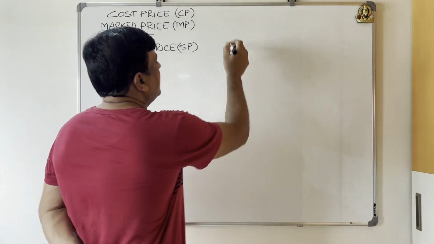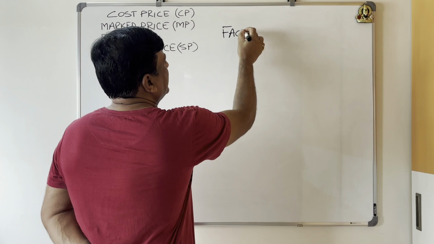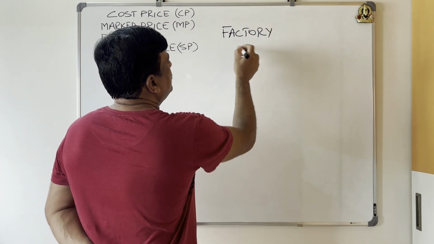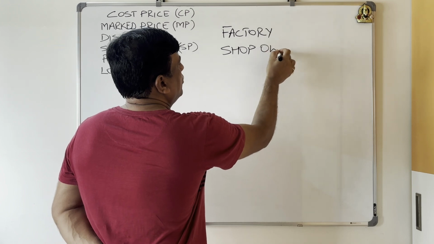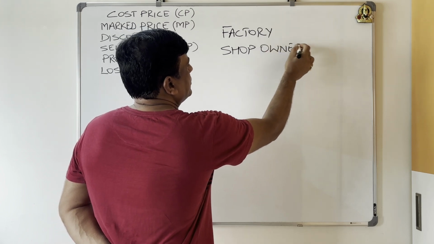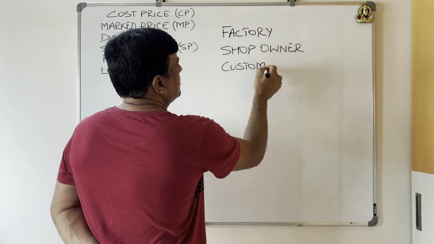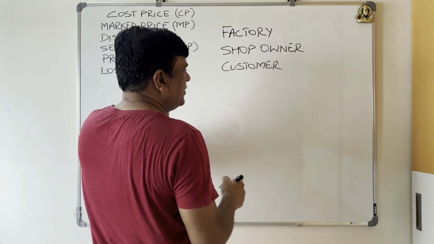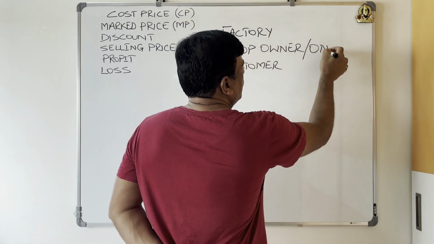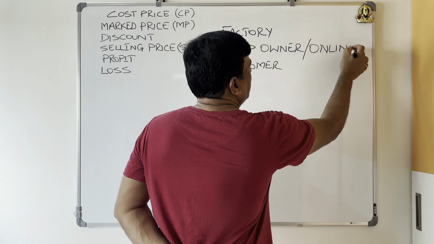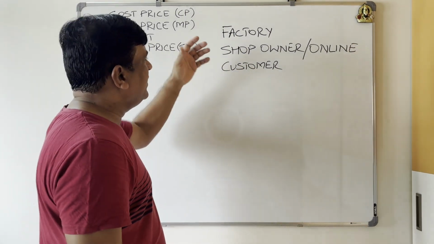For example, you have a factory, you have a shop owner, and then you have a customer. The shop owner can be selling in the shop, or he or she may be selling online also, right? So what happens basically in the background?